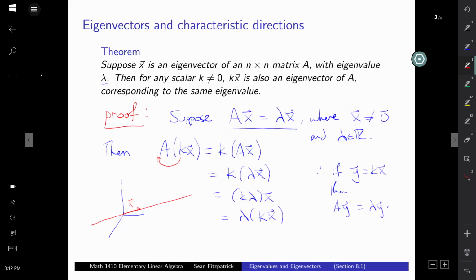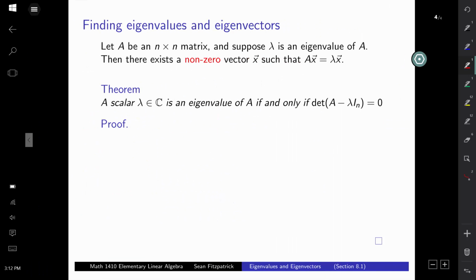Now, how do we find them? How do we find the eigenvalues and the eigenvectors? We need one more theorem. So how do I find these eigenvalues? Well, by definition, if lambda is an eigenvalue, that means that I can satisfy this equation here where x is not equal to 0. So suppose we satisfy that equation.